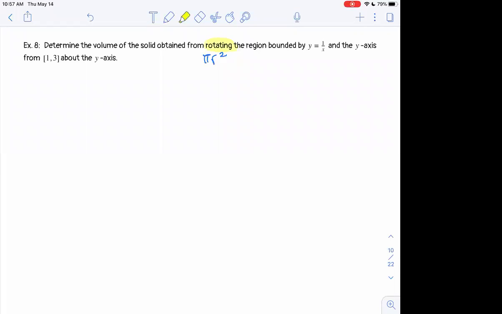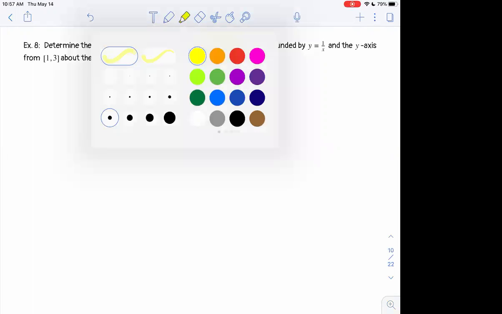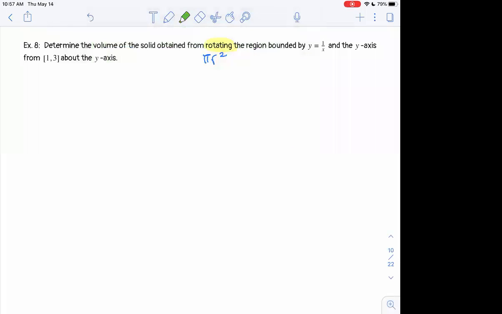And I know that I have y equals 1 over x as a curve, and then the other curve I have is the y-axis. And I'm revolving it about the y-axis, okay?